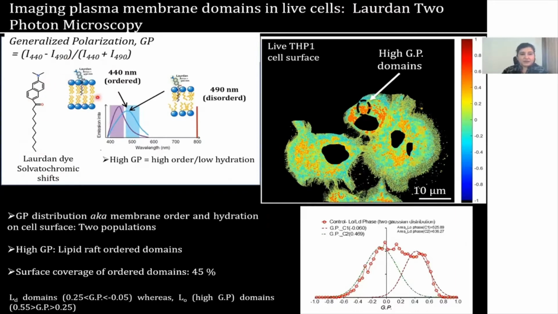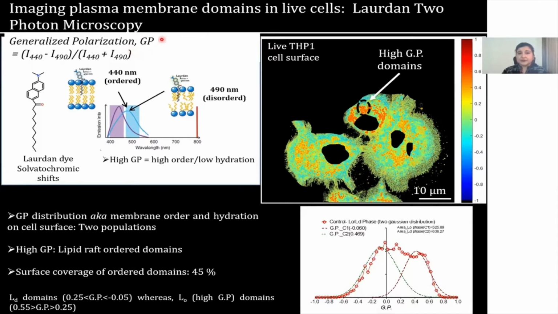Depending upon the environment polarity of its surroundings, it exhibits either an emission maximum at a lower wavelength, wherein the membrane is tightly packed and low polarity, or when the membrane environment is more loosely packed, fluid, or disordered, there are more water molecules around the dye, and therefore the emission maximum of the dye shifts by about 50 nanometers. Using ratiometric mapping of this intensity, we generate a parameter known as generalized polarization, or GP.